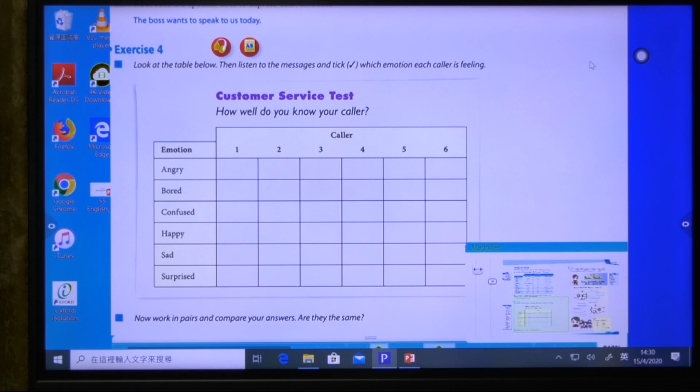Caller 2. Oh, this new version is so much better than the old one. Thank you very much. All my friends are asking where they can get one, but I'm not going to tell them. Caller 3. Hello? Can you help me? I spoke to someone this morning and he said to call him back on this number.